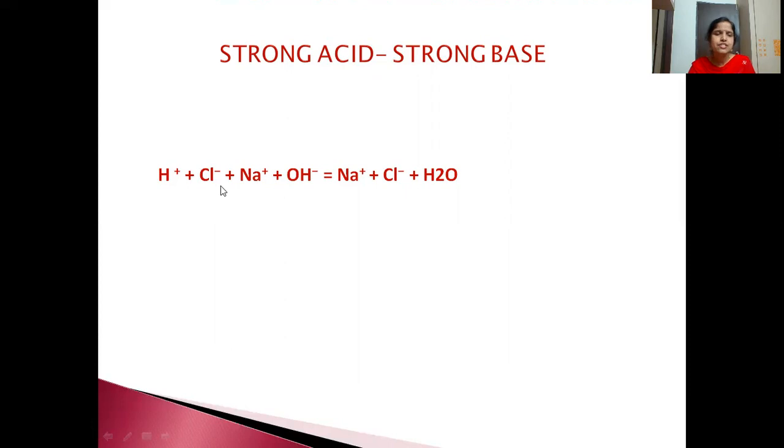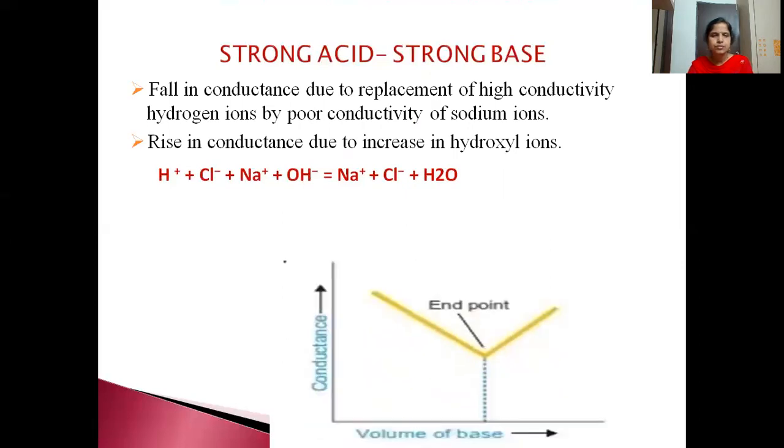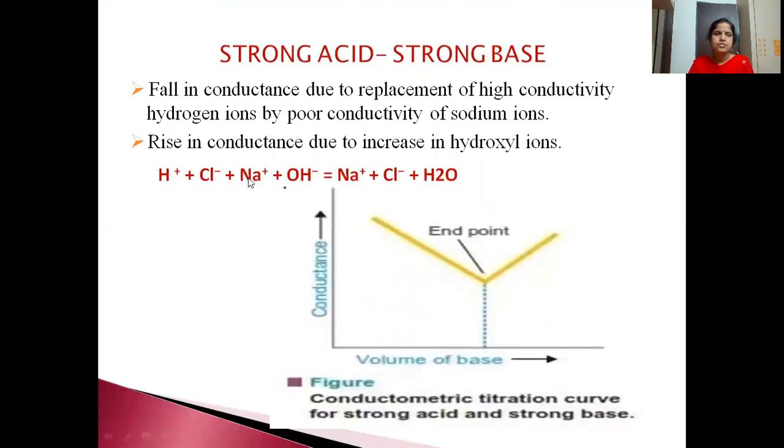In the aqueous medium, they will dissociate to give ions, that is H+ and Cl-, and Na+ and OH-. In this type, HCl is taken in a beaker and NaOH is filled in the burette.